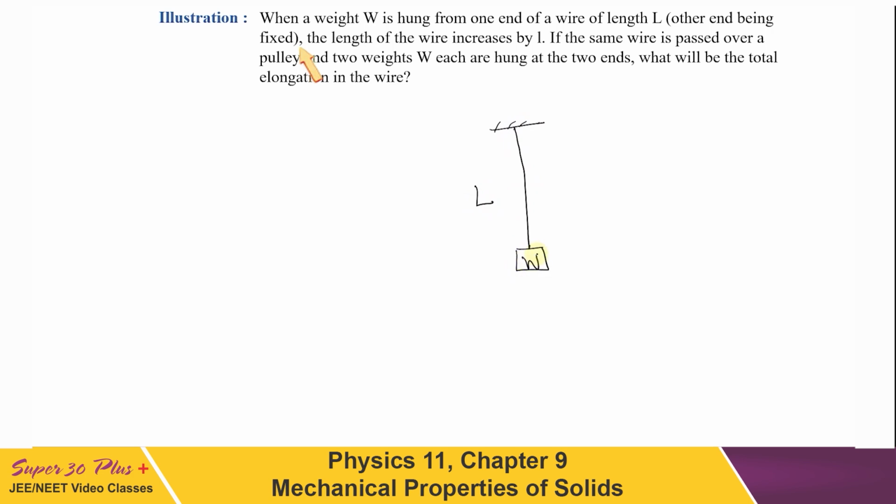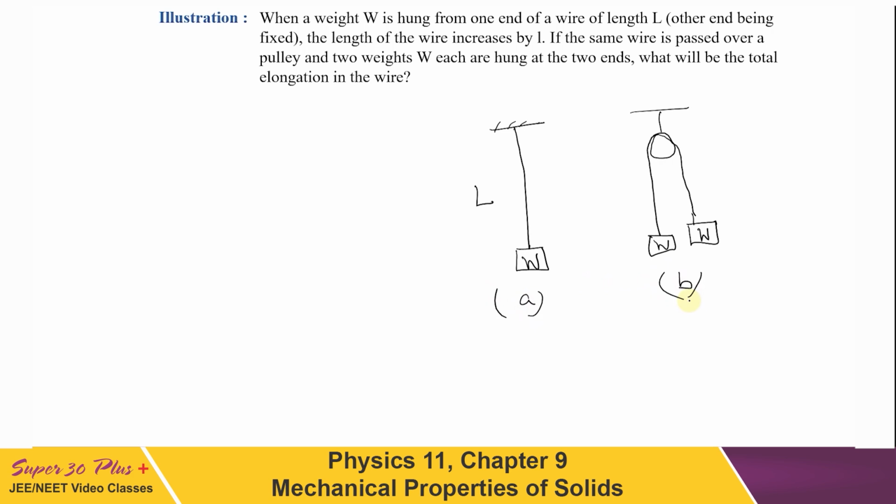If the same wire is passed over a pulley and two weights W each are hung at the two ends, this time the wire is moving over the pulley and on both sides the weights are W. What will be the total elongation in the wire? Okay, so let us first consider situation number 1.